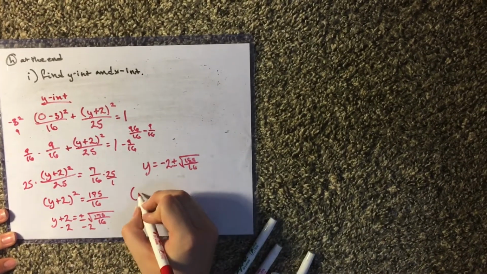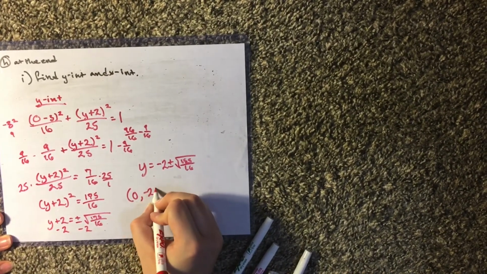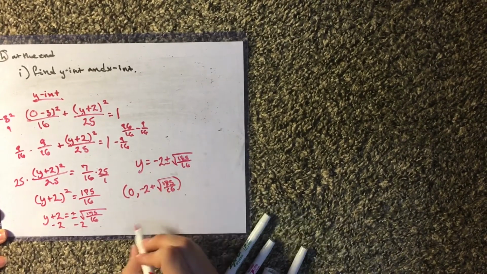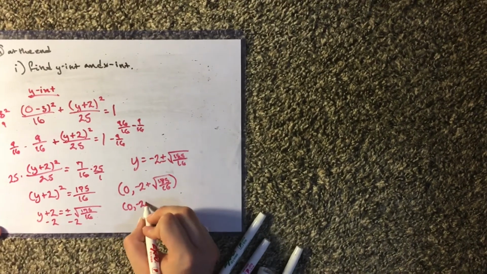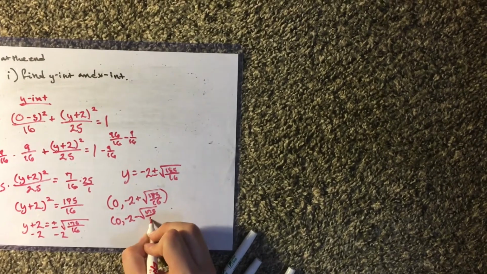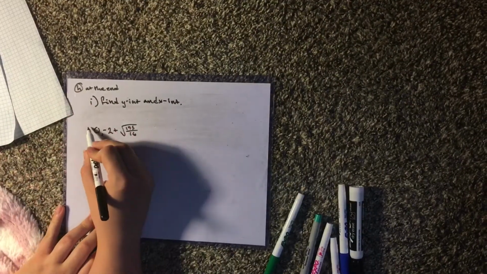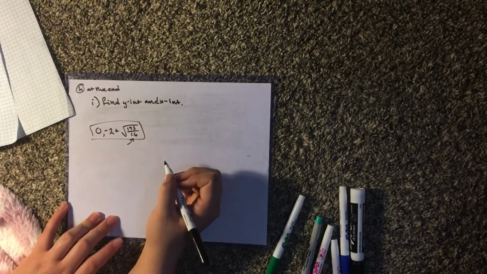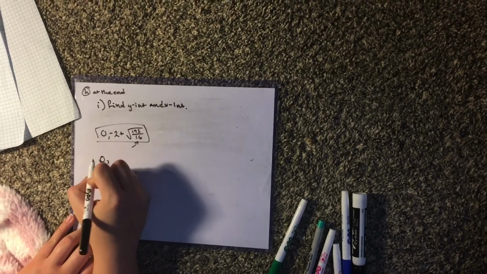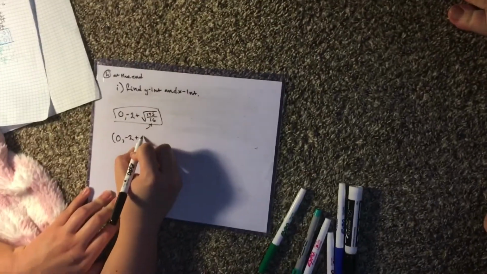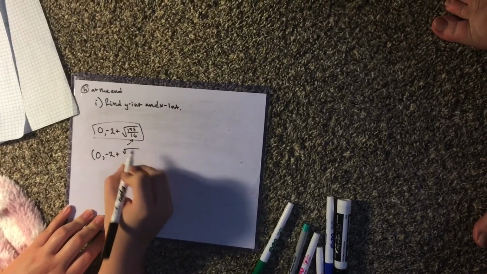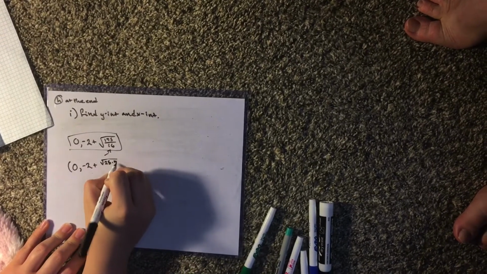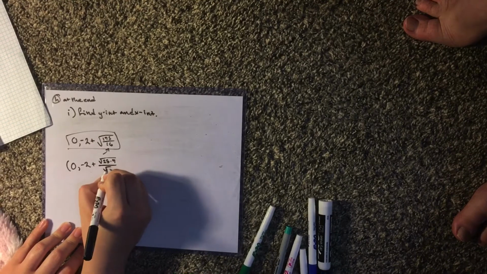And so the y-intercepts are going to be 0, -2 plus the square root of 175 over 16, and 0, -2 minus the square root of 175 over 16. Check. So for the y-intercept, we've got this, but we can simplify that a little bit more. So we can go 0, minus 2 plus 25 times 7 over the square root of 16.